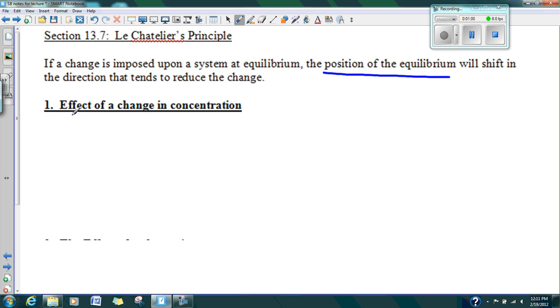So if I have an effect of change on concentration, the first thing that you need to know is that there is not going to be any change in my equilibrium constant.